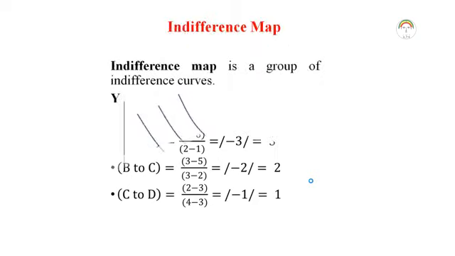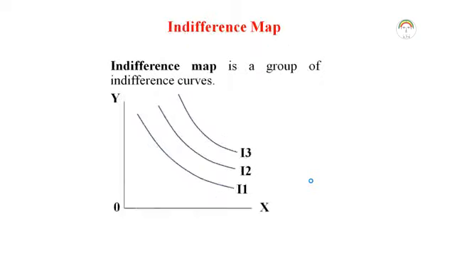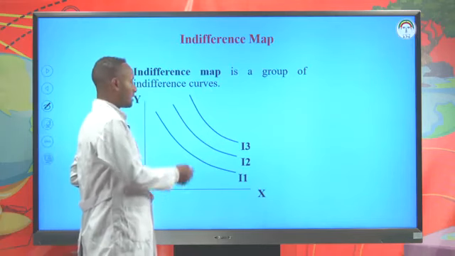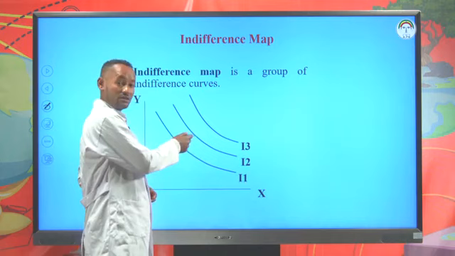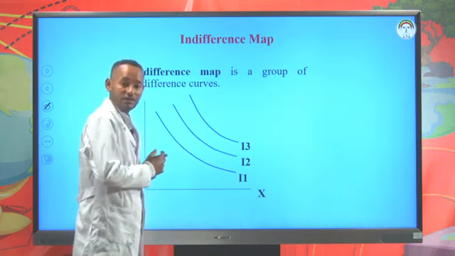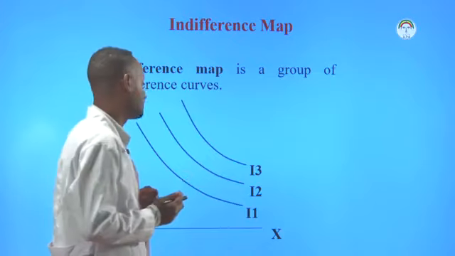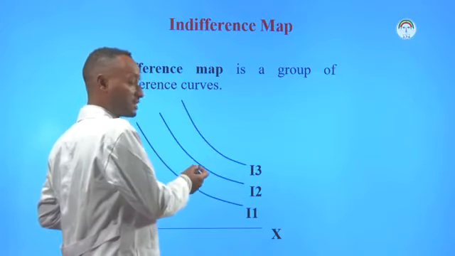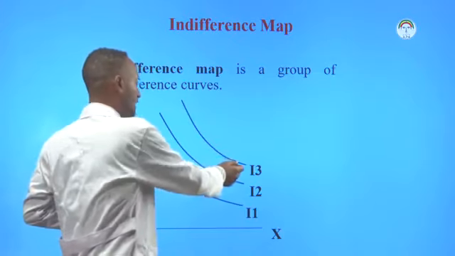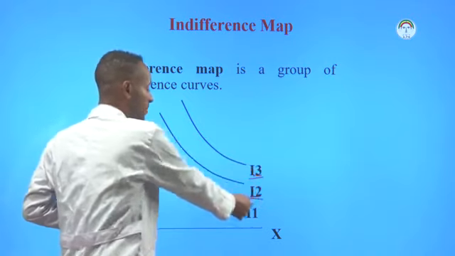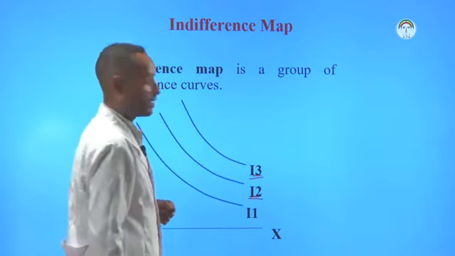Now, an indifference map is a group of indifference curves, and from these indifference curves, higher indifference curves represent a higher level of satisfaction, and lower indifference curves represent lower satisfaction. So from this curve, the satisfaction that we get from indifference curve 3 is greater than the satisfaction that we get from indifference curve 2.